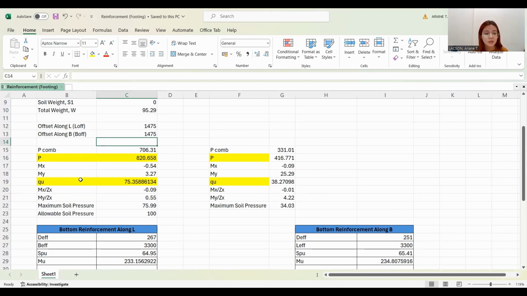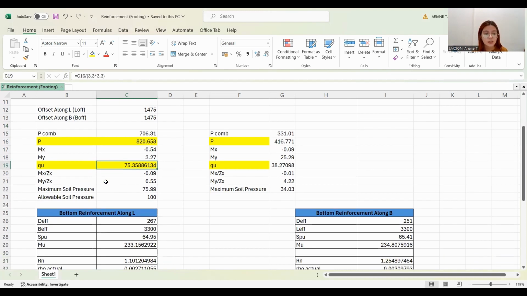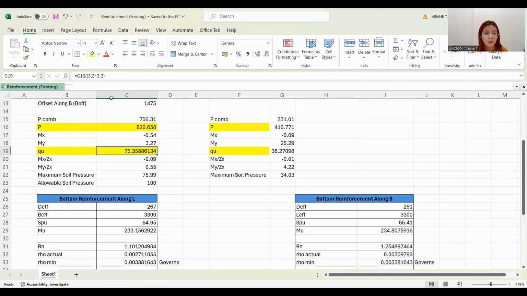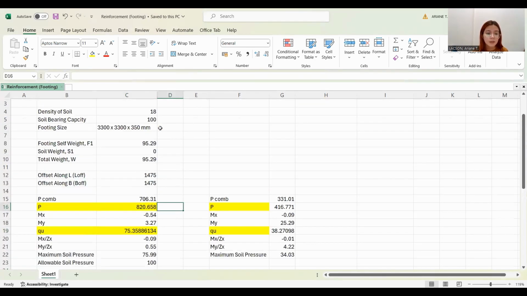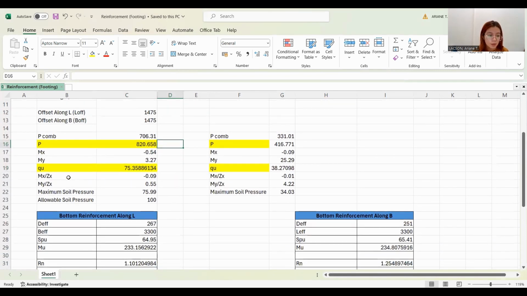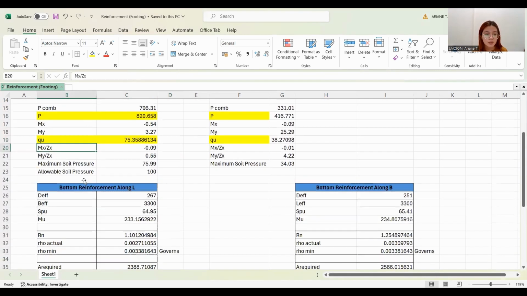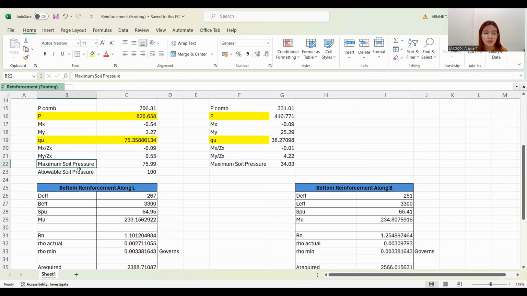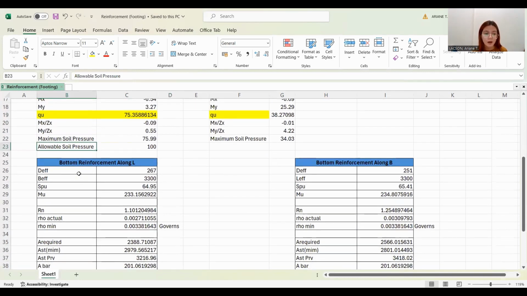The allowable soil pressure is calculated using force over area. You can see here the force is 820.658 over 3.3 by 3.3 since we have square columns. We also have MXZX, MYZX, and maximum soil pressure and allowable soil pressure.